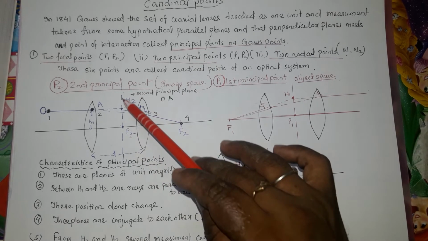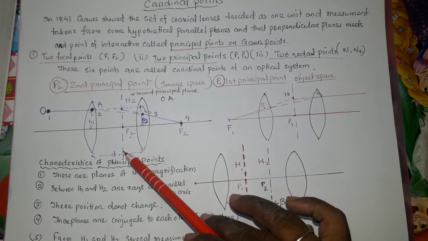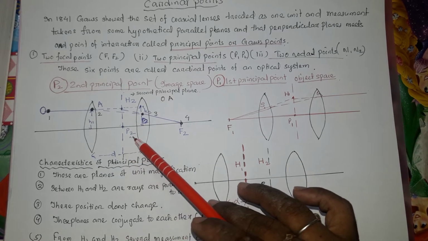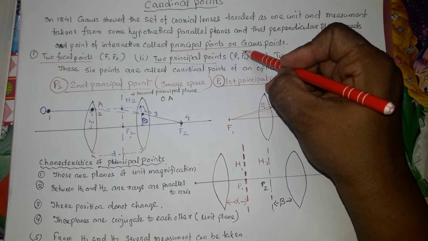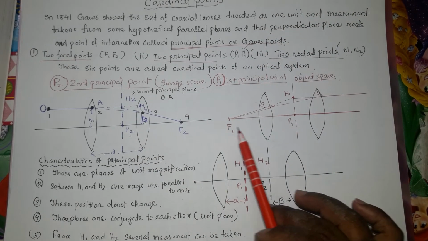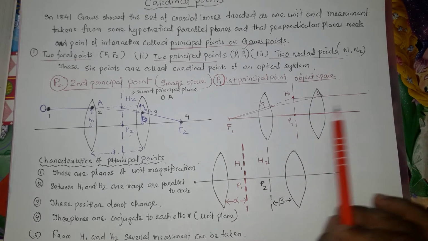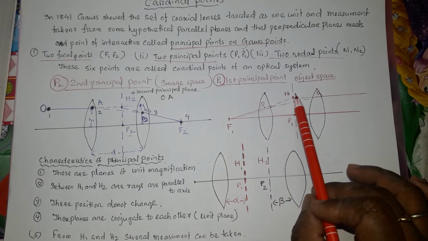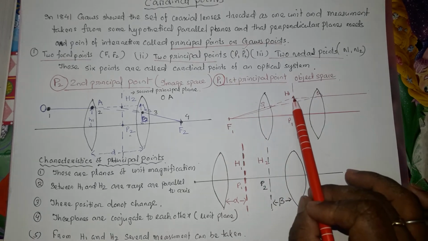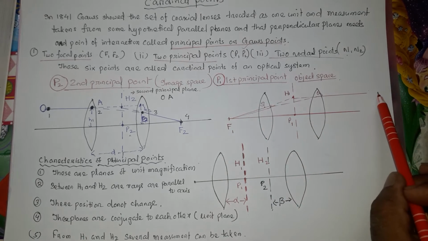So this principal plane is present in the image space, and this is the second principal point P2. Similarly, the ray that is coming from the object point F1, after refraction from a plane, diverges to infinity.